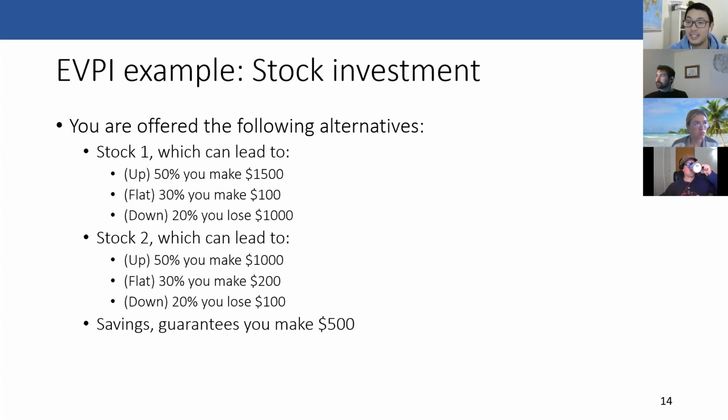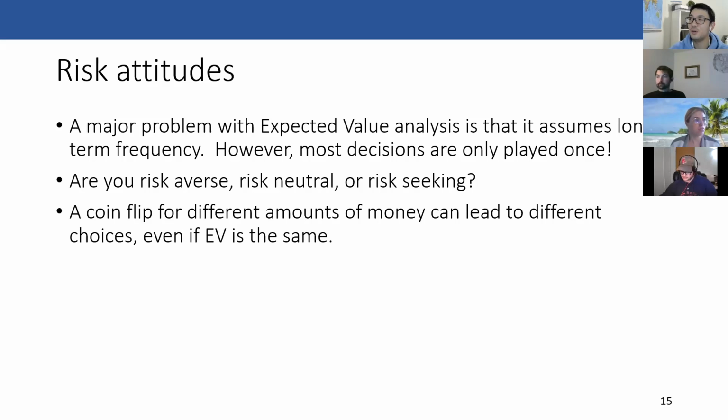But unfortunately, in the real world, you don't get to make that decision an infinite number of times, right? Most decisions, including the ones that we're talking about in all of these examples, are only, quote unquote, played once. And so that may actually change your decision-making behavior.